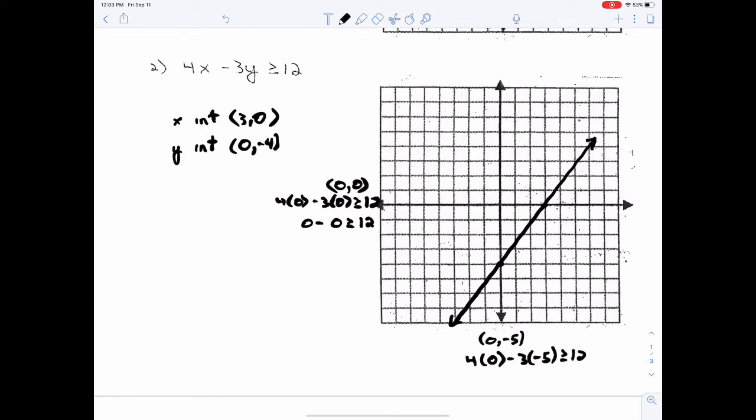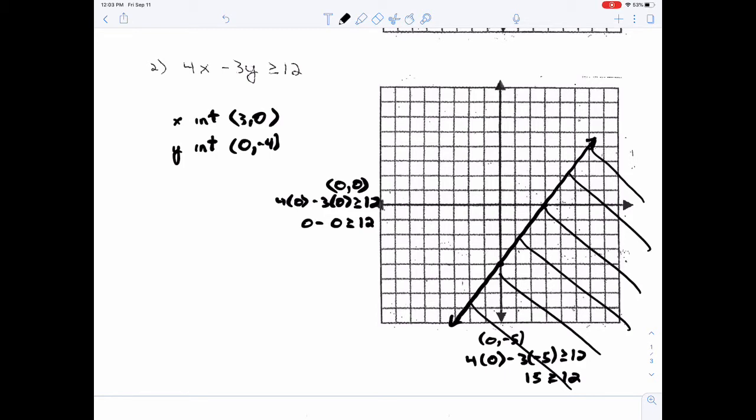Well, if we simplify what's on the left here, we get 15. Is that greater than or equal to 12? Well, yes, it is. So all the points down here on the bottom also make it true. So how do we show that? Well, somehow, shade in or whatever. Now, those are all the points. That's the graph. Why? Because those are all the points that make the statement true.